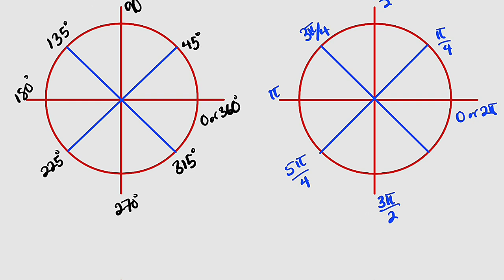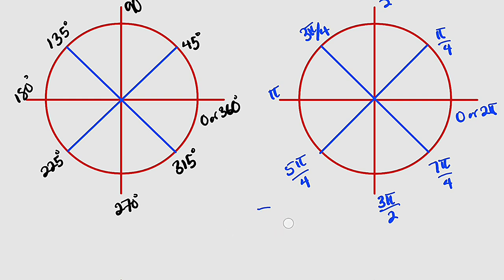Then this will be 7 pi over 4, and this will be 8 pi over 4. 8 divided by 4 is 2, so this eventually equals 2 pi.